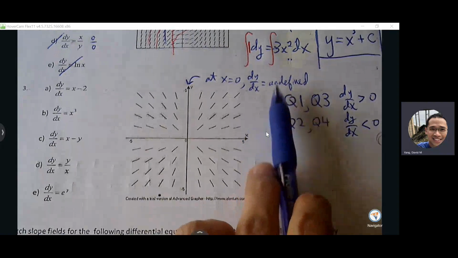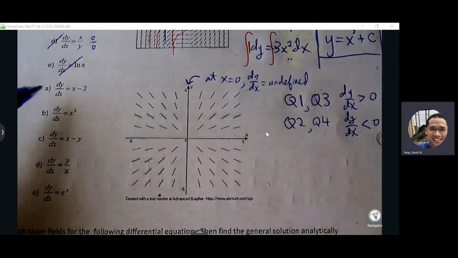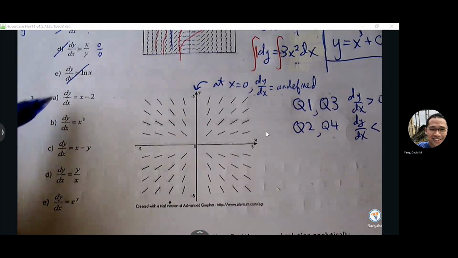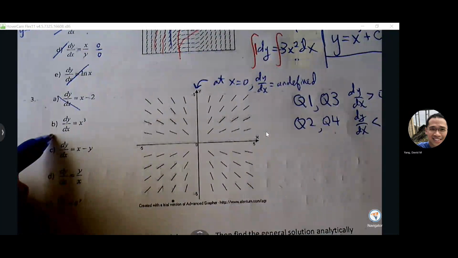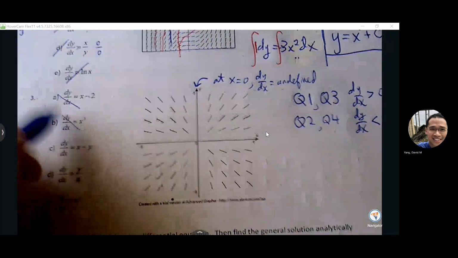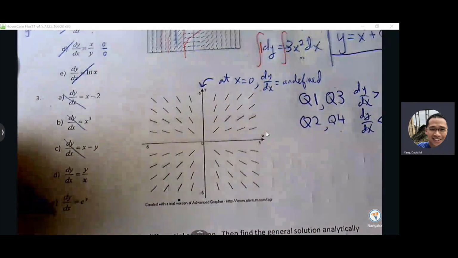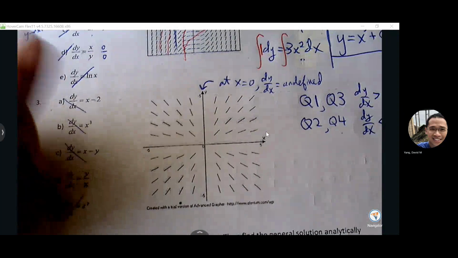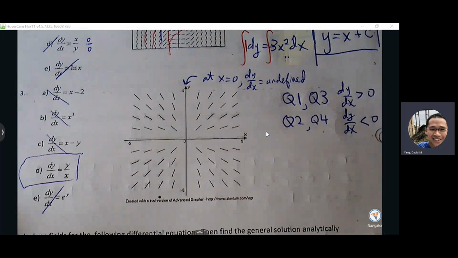So this is nice. That means if I plug in 0, I should automatically get undefined. So A, am I getting undefined here? No, eliminate that. Undefined here, no. C, D, yes. And then E is still good. So we know already our answer is going to be 1 over x.